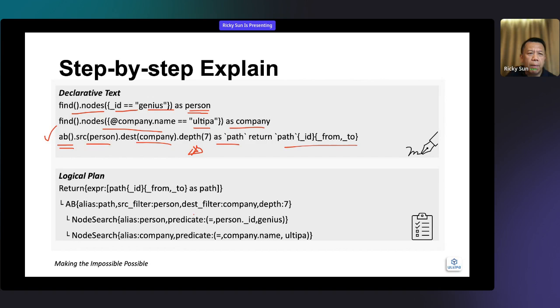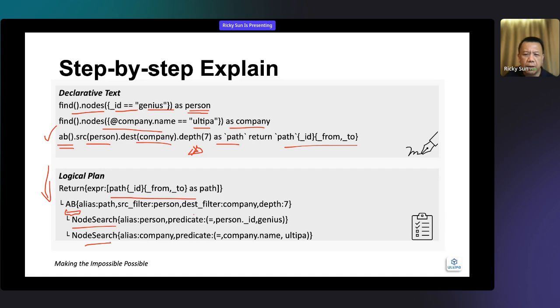So breaking this declarative text into a logical plan, what we are returning is the path, right? Which is quite straightforward. And also the major operation, the cross instance operation, potentially cross shard servers operation, is the AB path, right? And also there are 2 node searches, right?